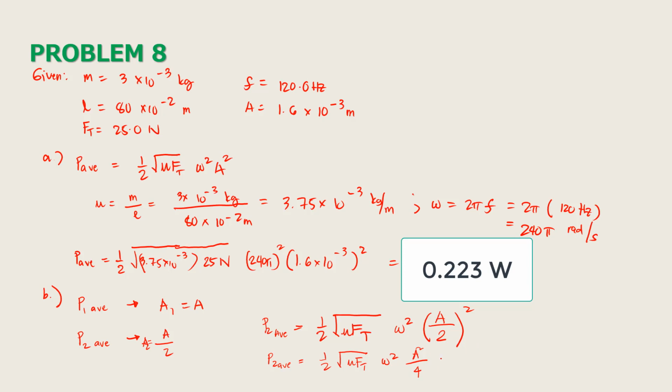So from here, we can see that P2 average is just equal to 1/4 of 1/2 mu sub F sub T omega squared A squared. So this expression in the bracket is just equal to P sub 1 average, or we can just write this as 1/4 of P sub 1 average. Meaning to say, when the amplitude is halved, the average power will be quartered.